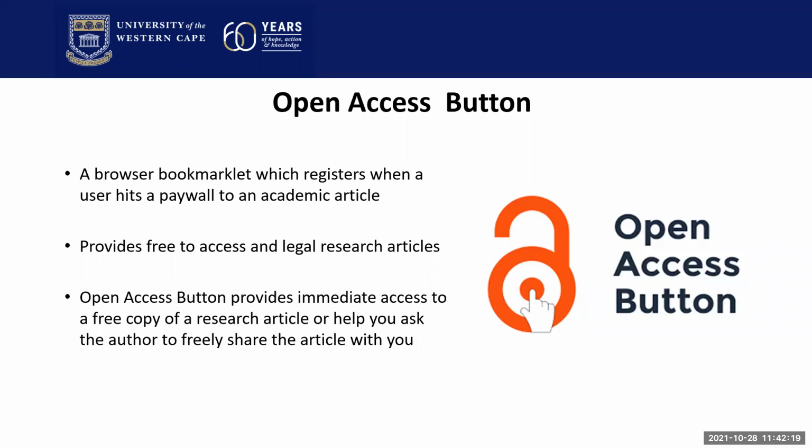You will see this shortly when we move over to our live demonstration. So to download Open Access Button, same with the other extensions, you can do a simple Google search, or you can go onto Google Play Store and type in Open Access Button, then it will be available for download. I think it also supports the 3 main browsers.